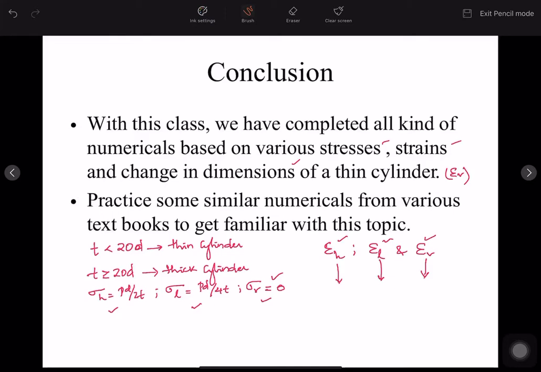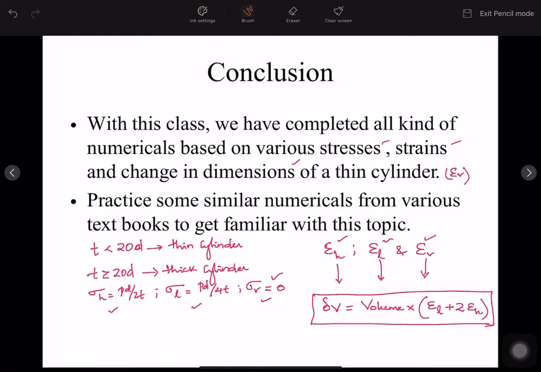And we have one more important relation: change in volume is equal to the original volume into epsilon L plus 2 into epsilon H. So this is one more important equation in this topic which you need to remember.